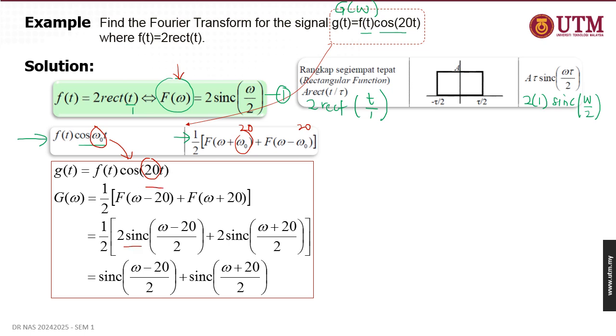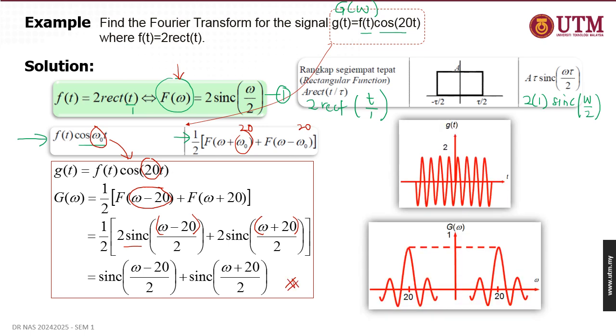But please look at this equation: all omega will be deducted by 20, and on the other side, it is being added by 20. Okay, so divided by 2, and then simplify your equation.